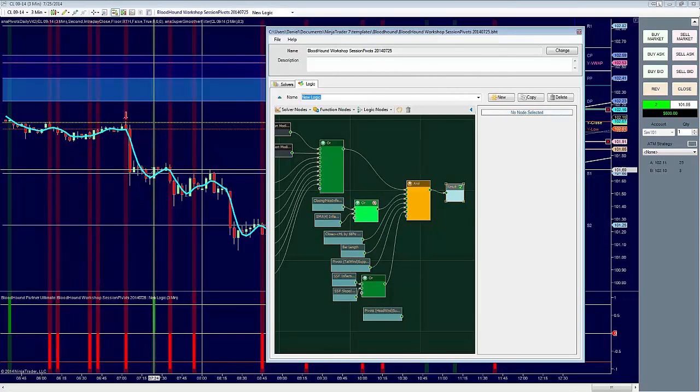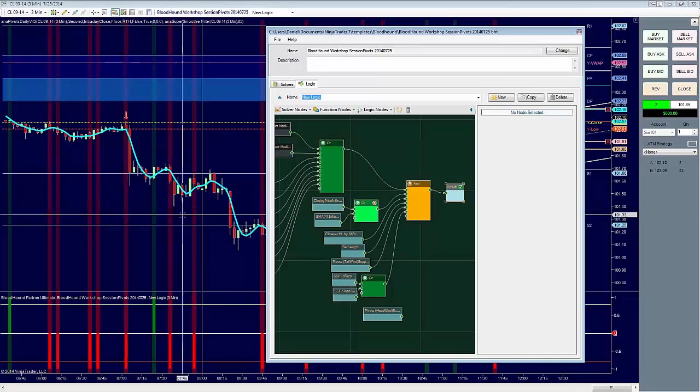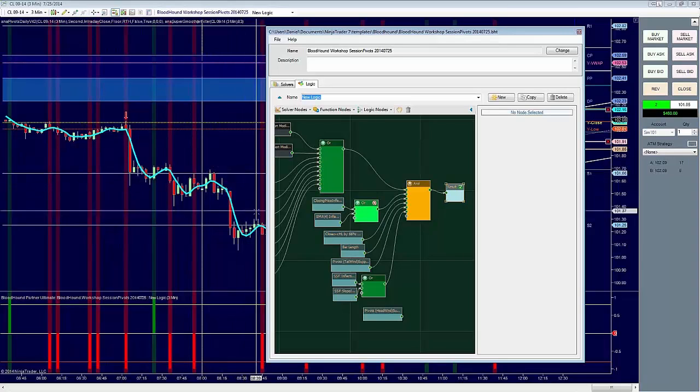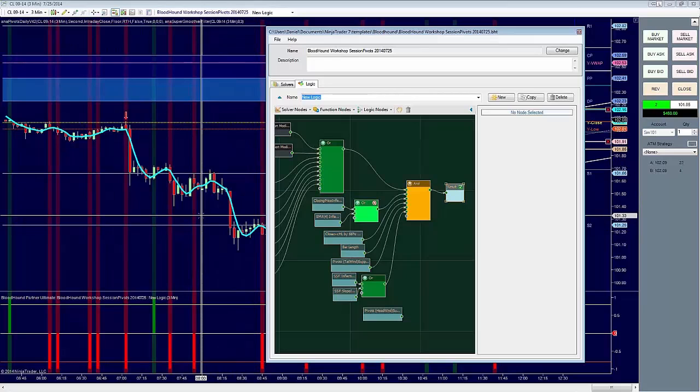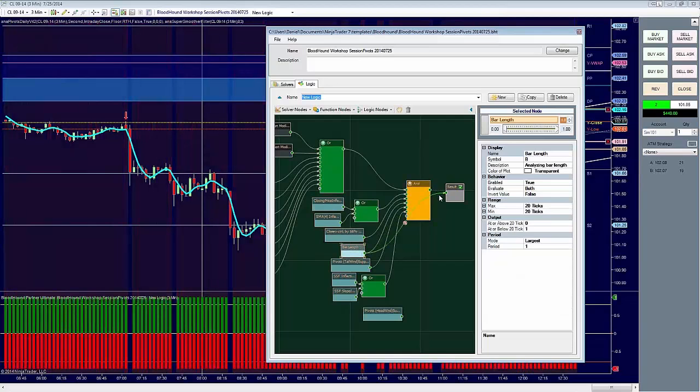So if we wanted to add some kind of an overarching trend condition, like say the super trend or something like that, we can do that as well. Let's do that. But first, I want to see why we're not getting that short right there. So which one of these solvers is not allowing that short? It's probably this bar length solver.